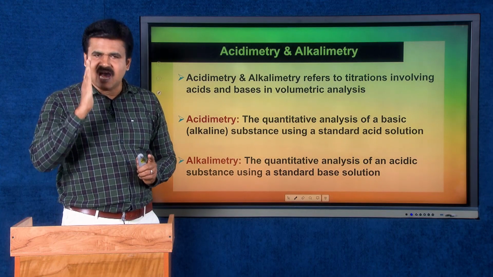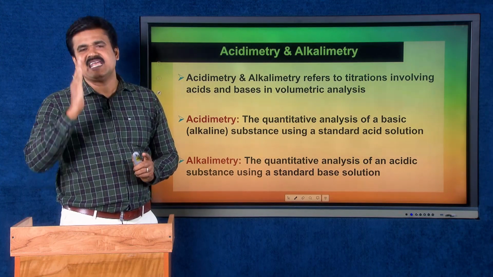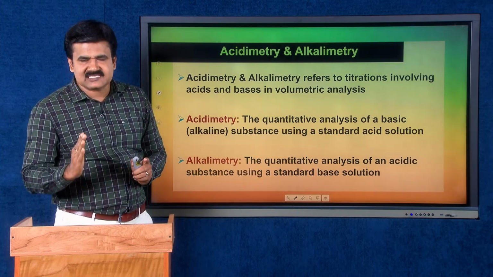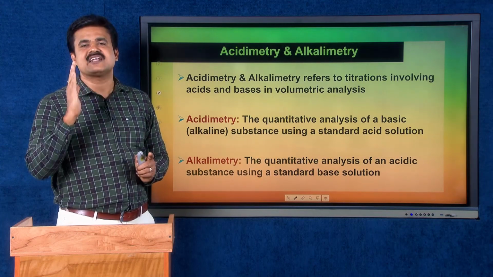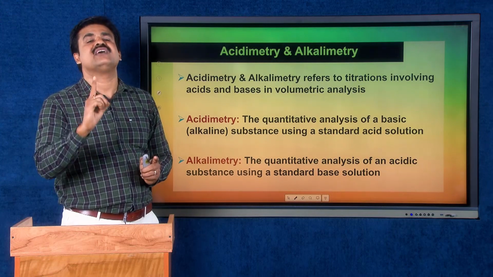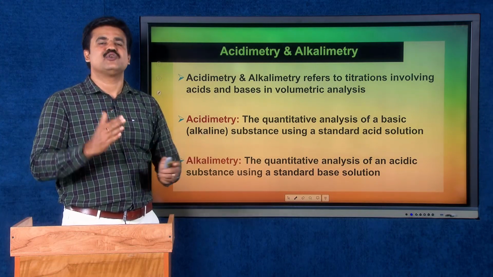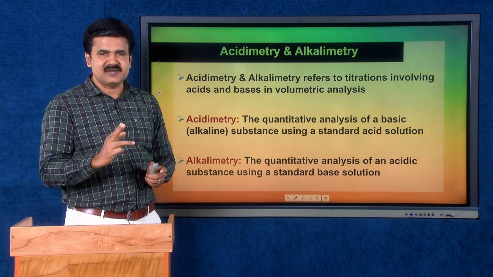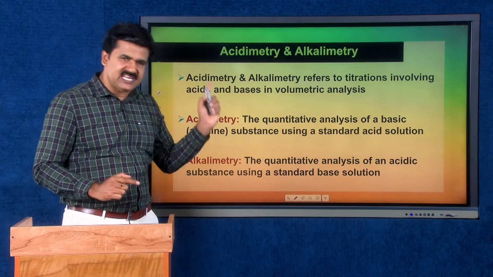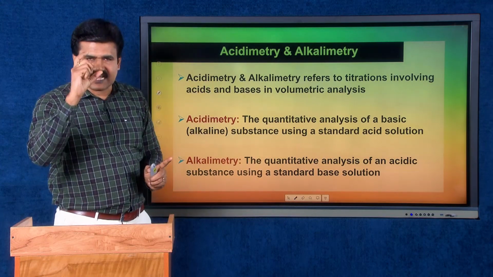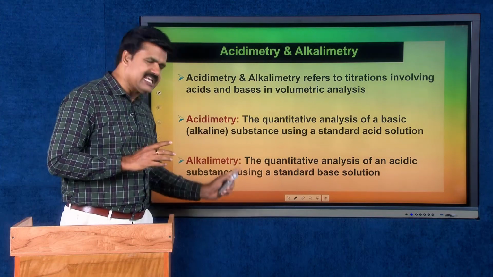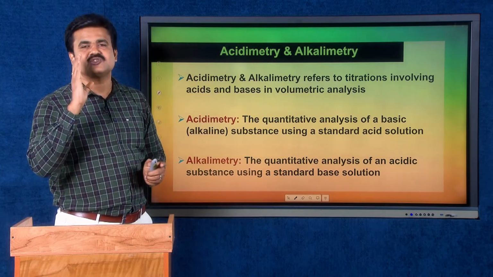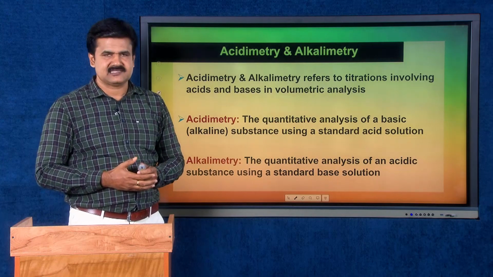So, in alkalimetry, we are using a standard solution of a base to evaluate the unknown concentration of an acid. So, this is about the difference between acidimetry and alkalimetry. In acidimetry, we are using standard solution of acid. In alkalimetry, we are using standard solution of an alkali, that is nothing but base.